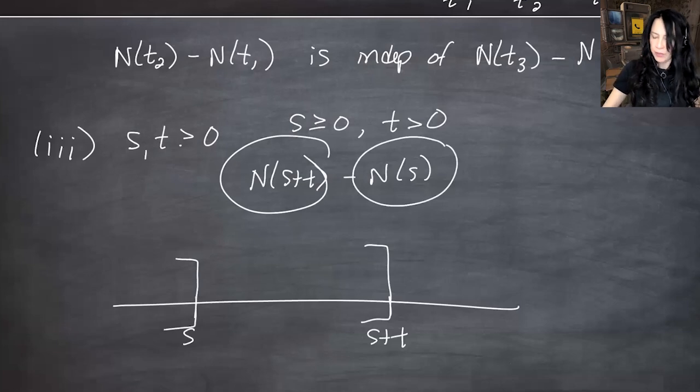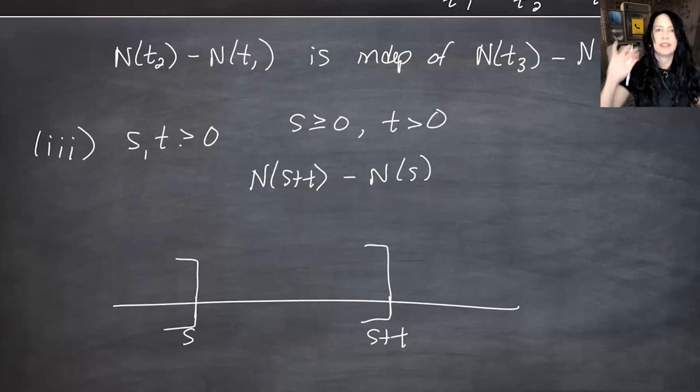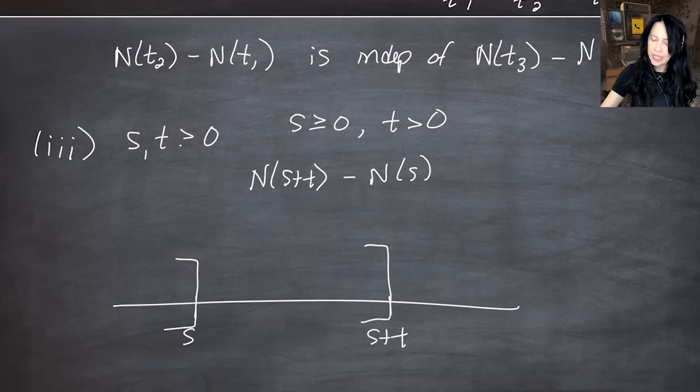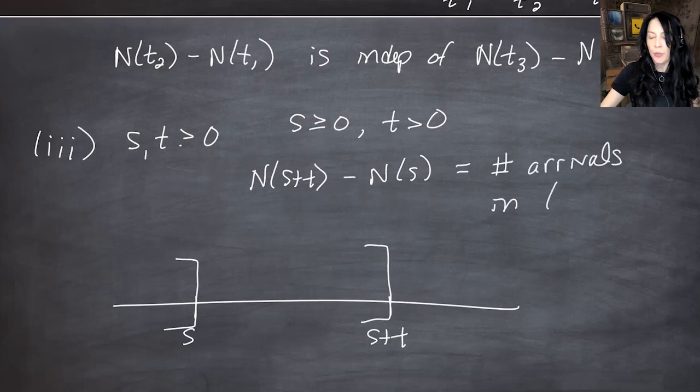So if you're being literal and not worrying about things happening at perfect time points, this is the number of arrivals in the interval open s to closed s+t.